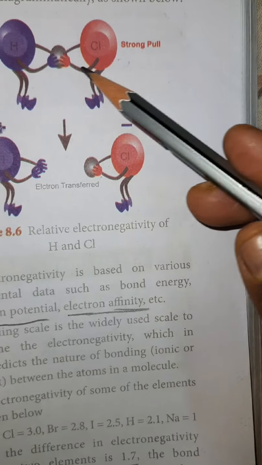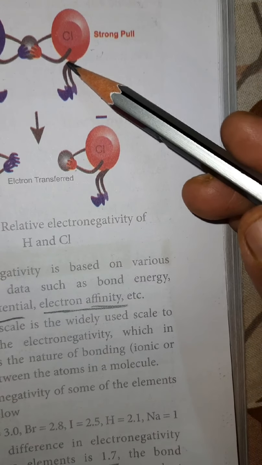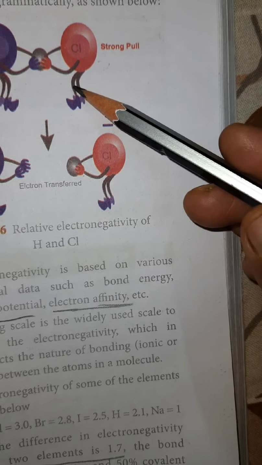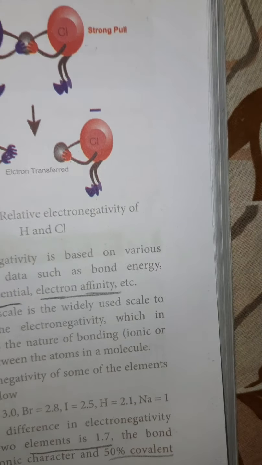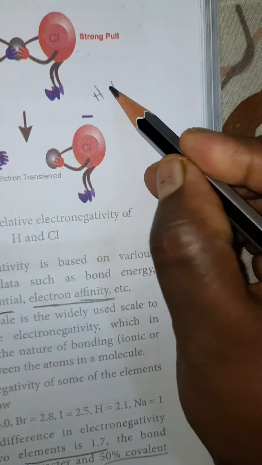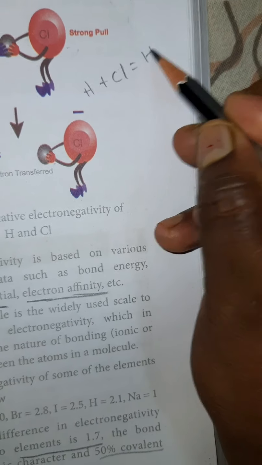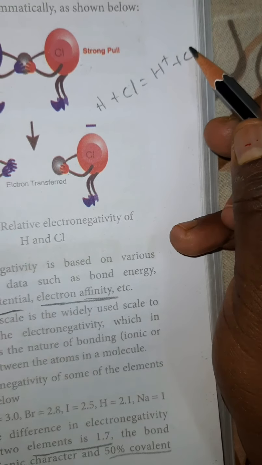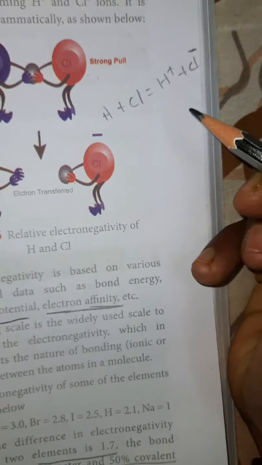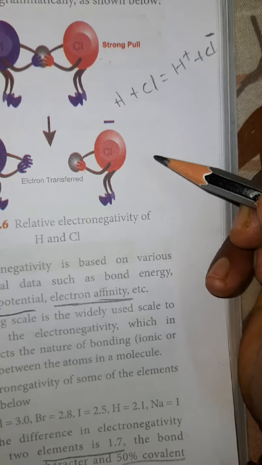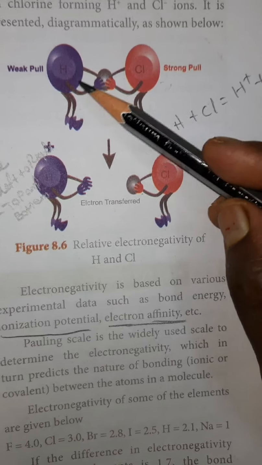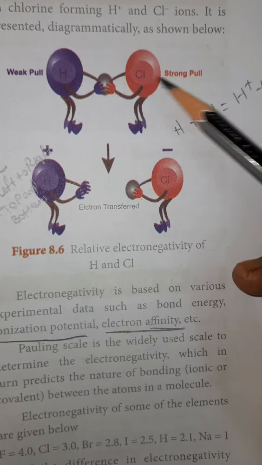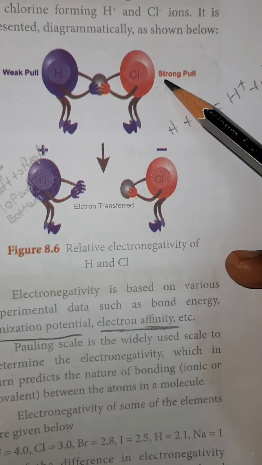So the bond breaks, and the electron is left with chlorine, giving H plus and Cl minus ions. The picture shows HCl with a weak pull and a strong pull.